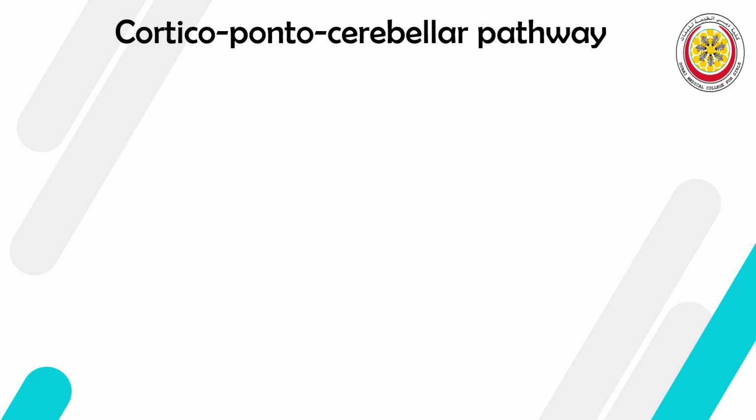One is the corticopontocerebellar, and this is a very important part because it brings information from the cortex to the cerebellum through pontine nuclei. And what are these important for? Why are we connecting between the cortex or the pons to the cerebellum? For conscious proprioception. Okay, think about it.